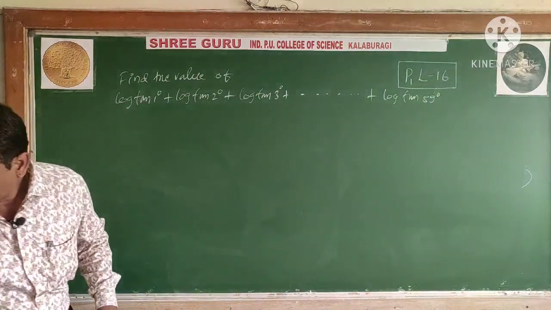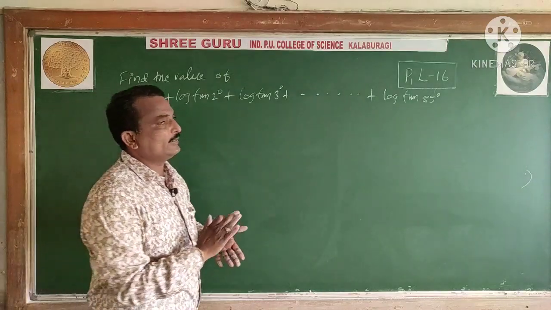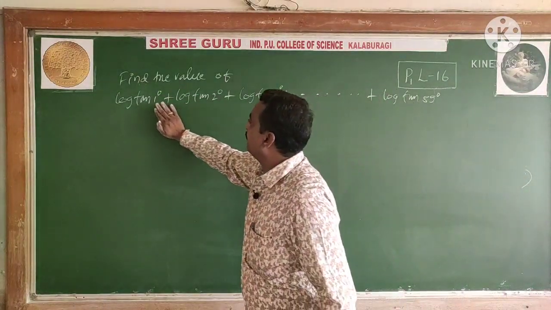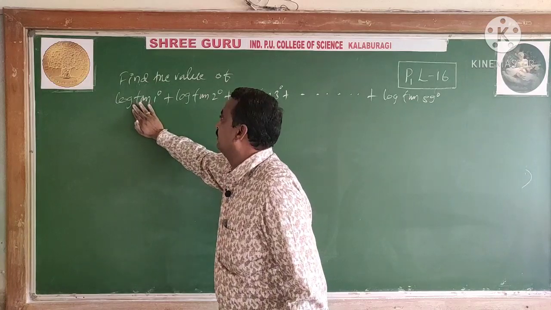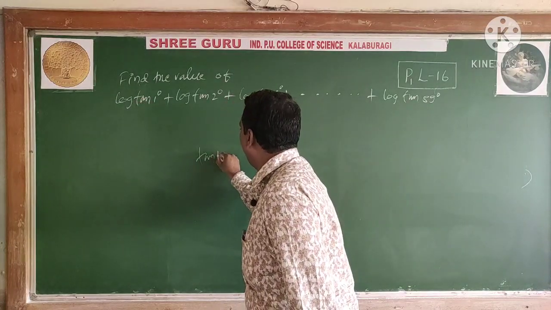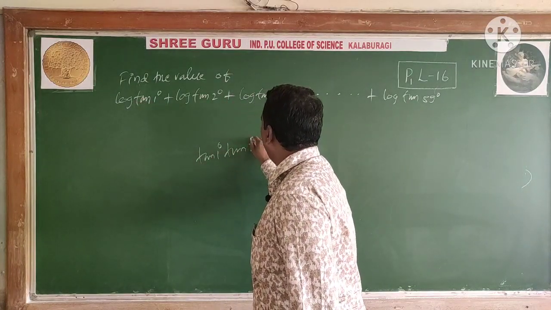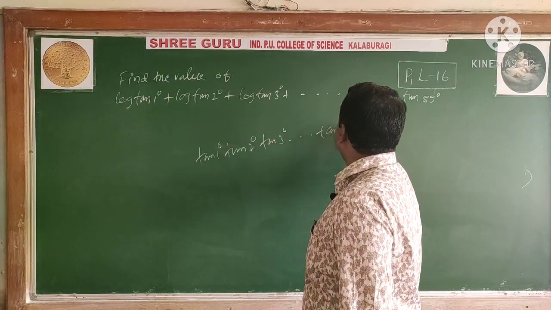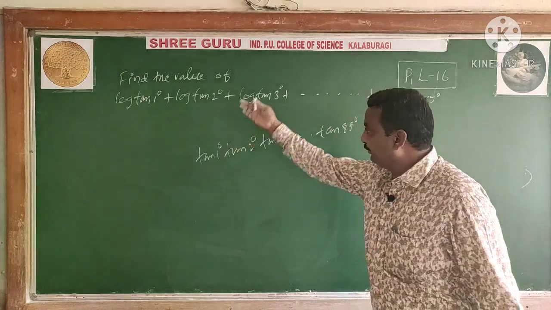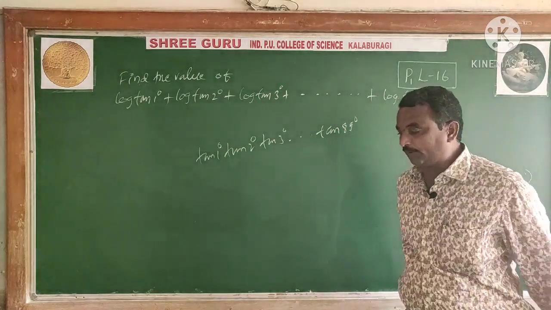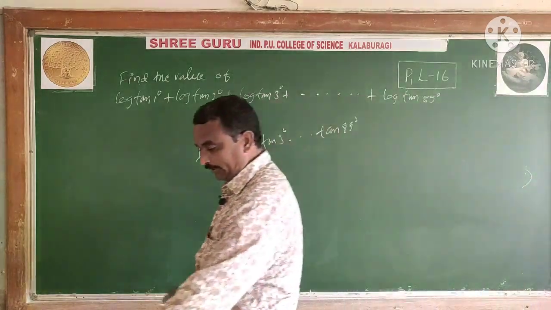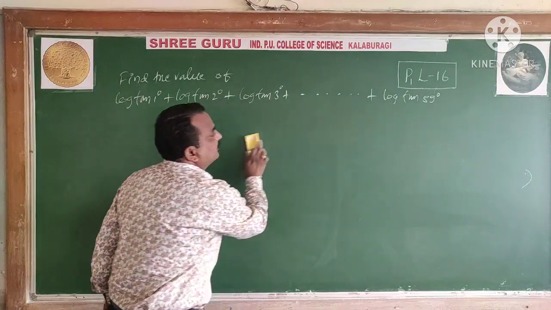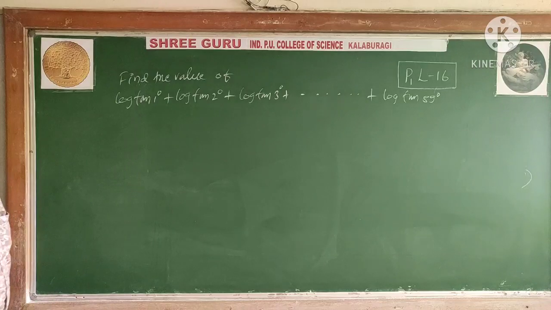See, students, the only difference between the previous example and this example is that there, in terms of product without log, you had tan 1, tan 2, tan 3, like that up to tan of 89. Here it is given in terms of logarithm, so I go for one of the log properties.